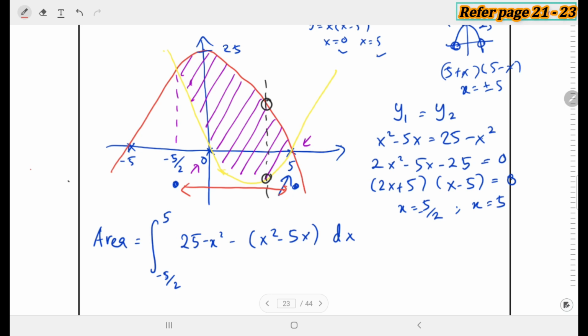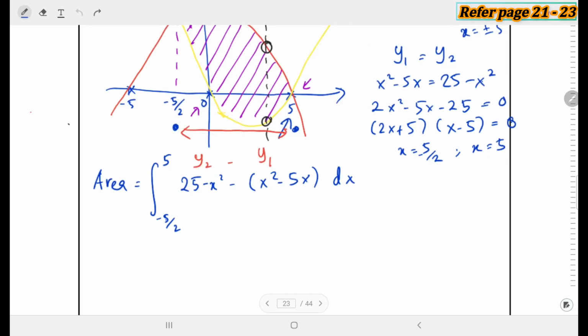There is no other curve. So straight away, we could just substitute into the formula of area between two curves, which is y2 minus y1. We simplify the function first before we integrate. We have 25 minus 2x squared plus 5x, all with respect to x.